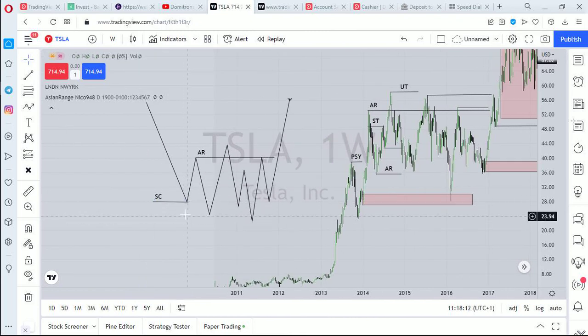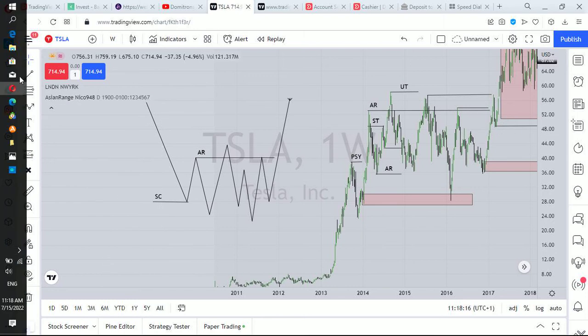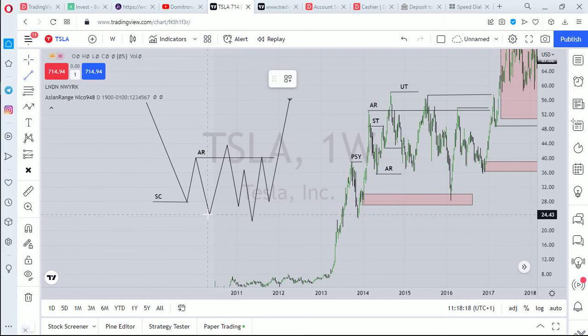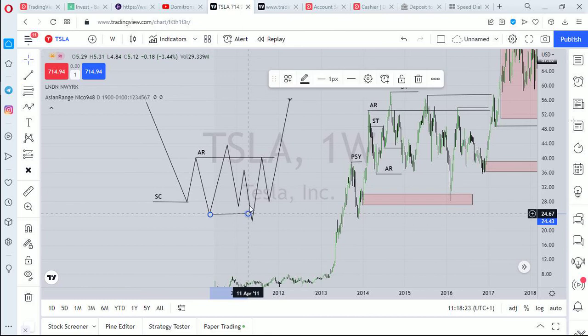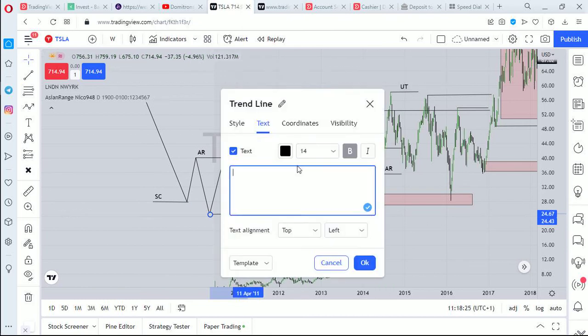So after the selling climax, we have the automatic rally. After the automatic rally, we have what? The secondary test. Most times, it's most likely you will see it taking out the selling climax, right?